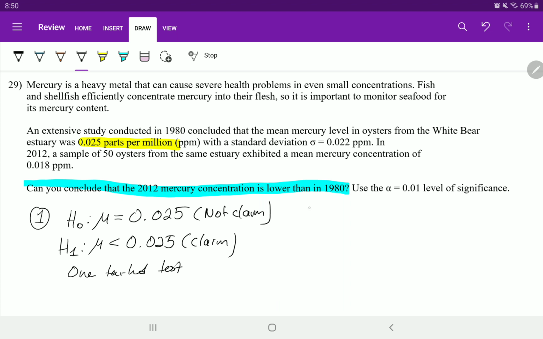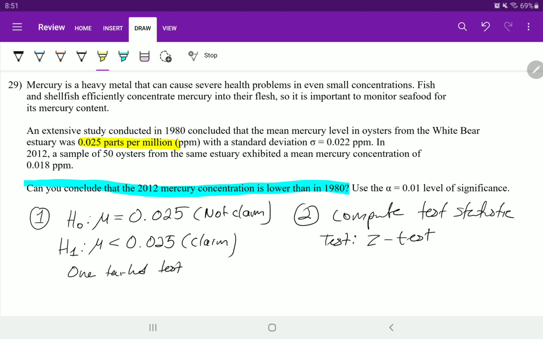Step number 2, when it comes to the p-value method, you want to compute the test statistic. Before we compute the test statistic, we need to know the type of test we're running. In this case, this is going to be a z-test, a one-sample z-test, because we know our population standard deviation.